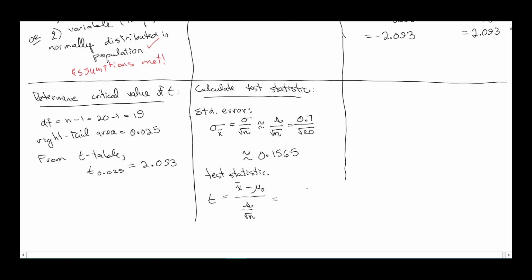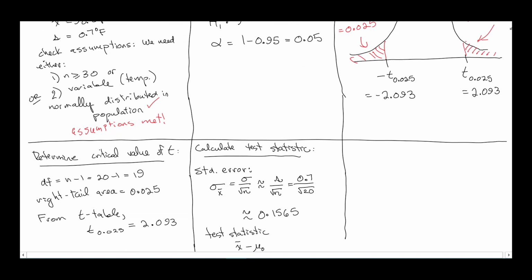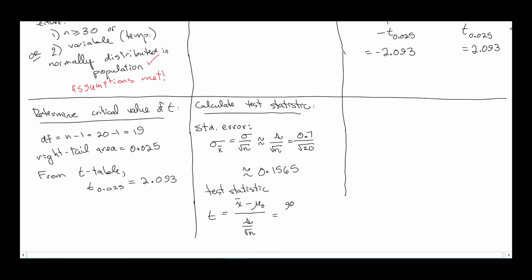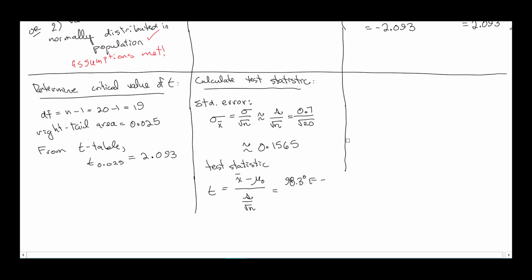Now if I go back to my sample information, what do I get for that? 98.3. And then 98.6 degrees Fahrenheit, right? And then we divide by our 0.1565, right?